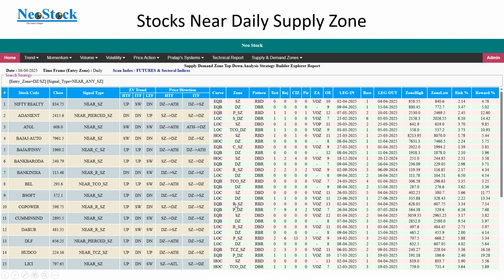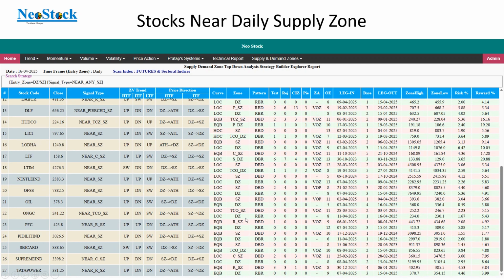Next one is CG Power. And third one, Dabur. Next, fourth one, LTF.